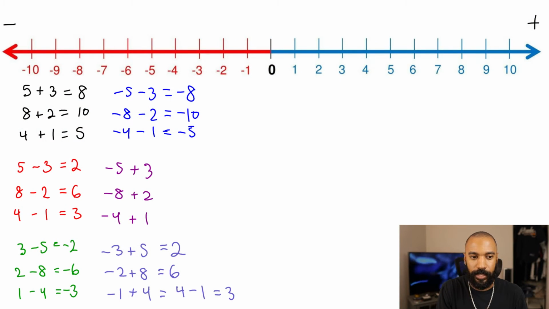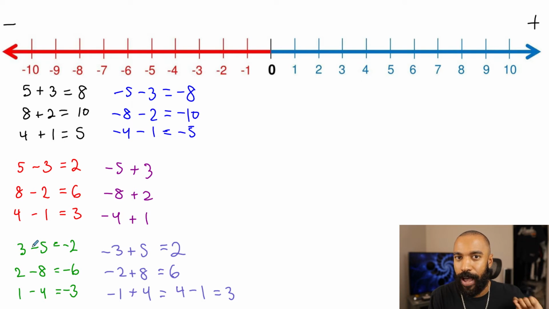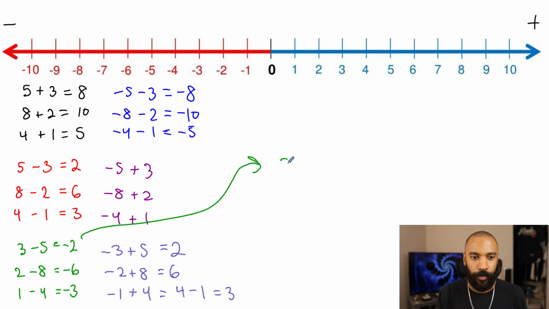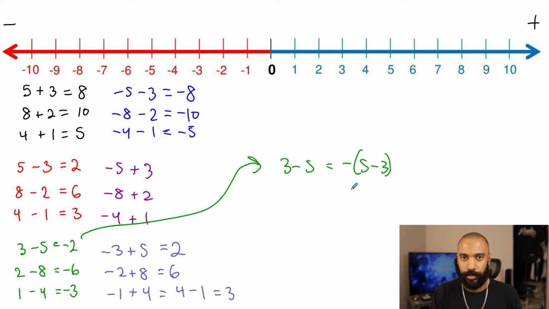So going back to these problems, instead of doing 3 minus 5 as right 3, left 5 or whatever, tell yourself, okay, negative answer, but let's do 5 minus 3. This is like doing 5 minus 3, but what? But the result is negative. So 3 minus 5 is like 5 minus 3 with a negative result.